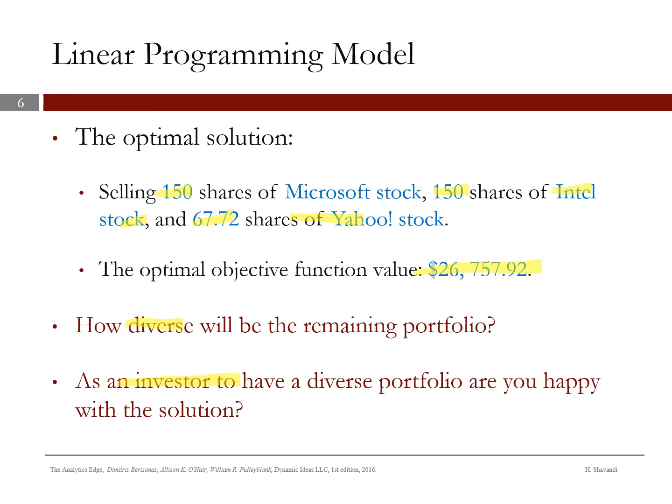So this is not helping us to maintain a diverse portfolio. So if we want to have a diverse portfolio, we need to make some changes in our model by adding more constraints, maybe, in order to keep our portfolio diverse for the next year.